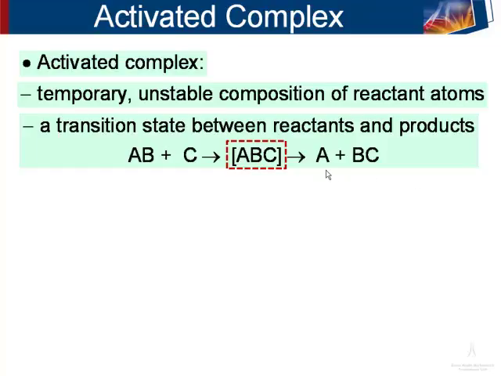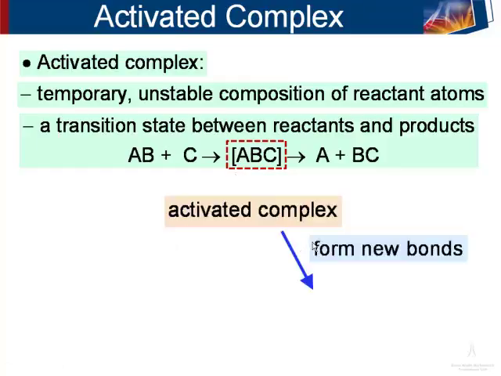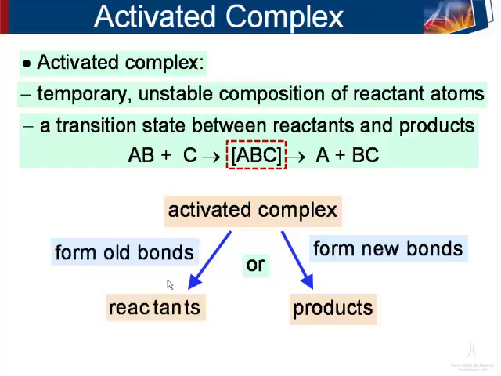In this case, perhaps compound A and BC, you have this complex here called the activated complex. What actually happens there is where new bonds are formed to get the products, or perhaps the old bonds remain to keep the reactants. And that, in our case, would be our activated complex.